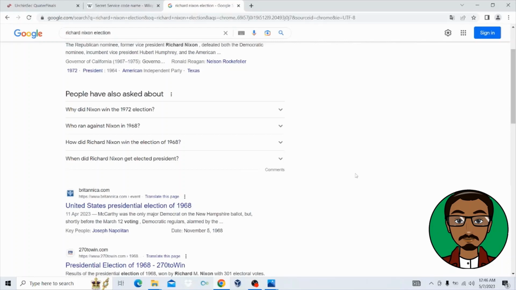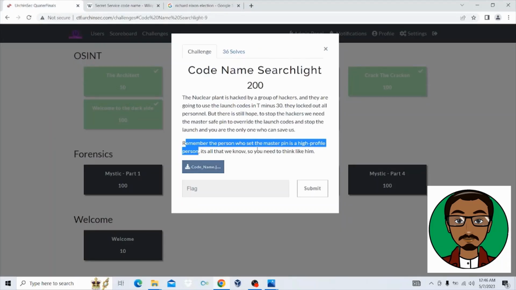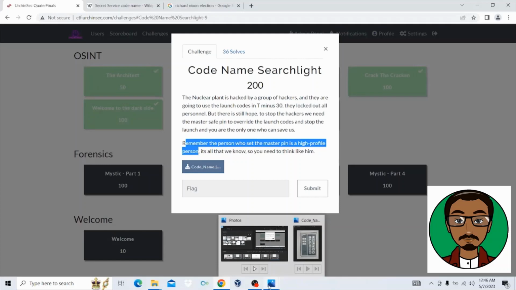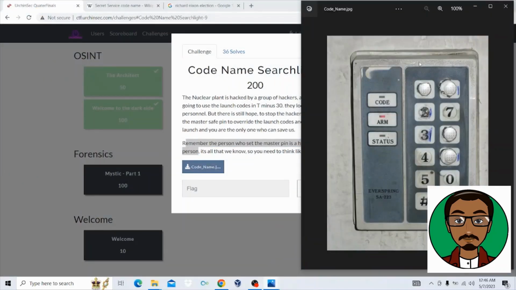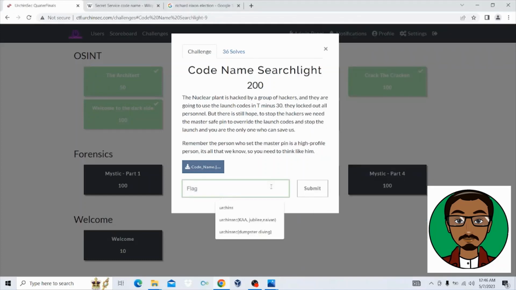And from the CTF challenge that is set up, if Mr. Richard Nixon was the president and got elected in 1968, then definitely that will make sense to be the answer of this challenge. So let's try to submit that as a flag.